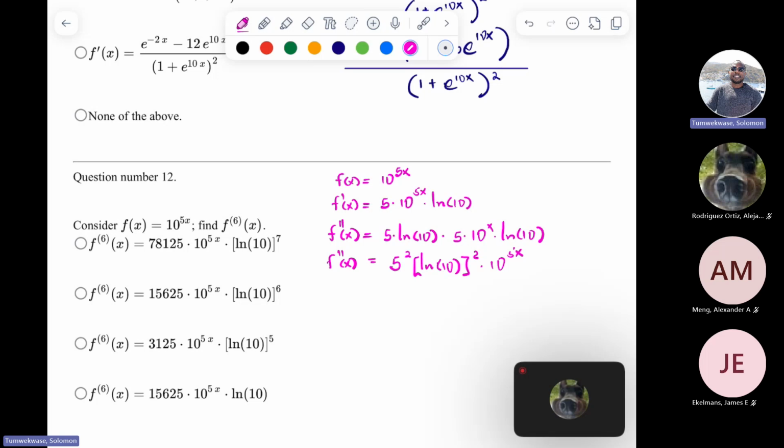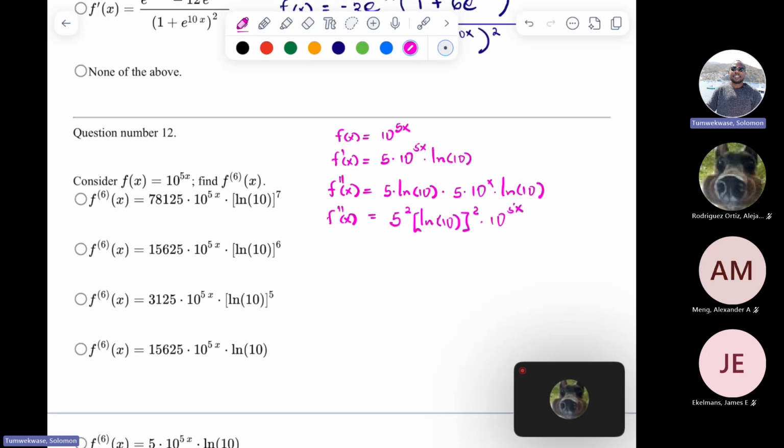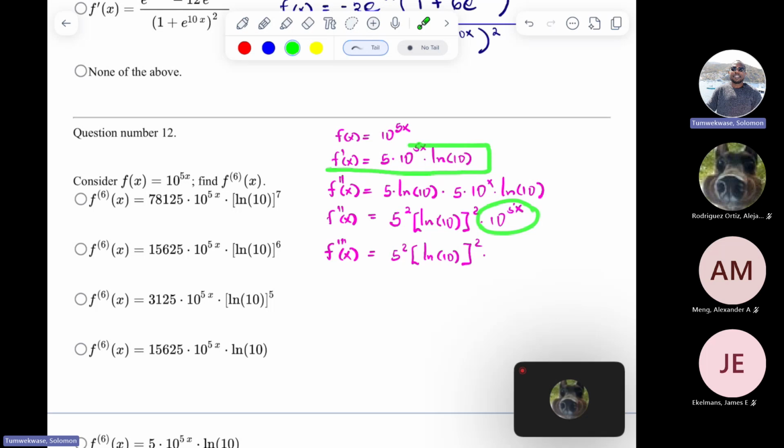I hope you can see the trend right now. If you want to see it clearly, maybe we can do finally the third derivative. Once again, the whole of these guys are constants, so 5 squared times natural log of 10 squared, then times the derivative of this, but that derivative is right there. So this is times 5 times natural log of 10, then times 10 to the 5x.